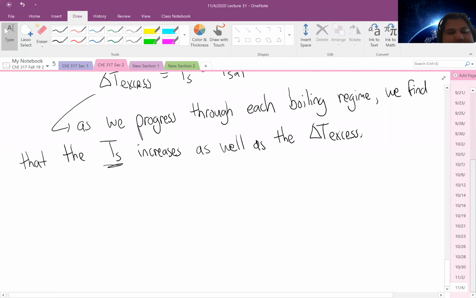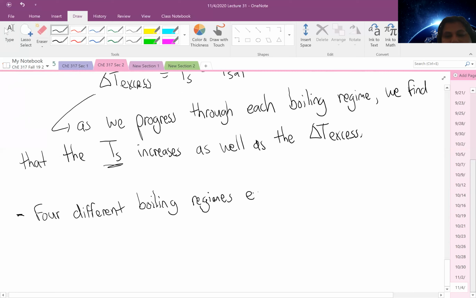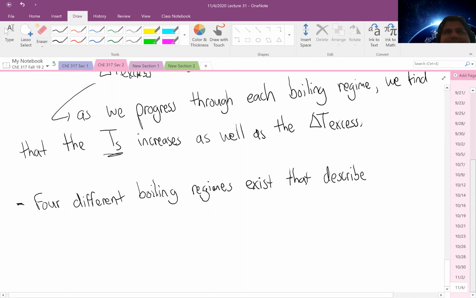What we find is that 4 different boiling regimes exist that describe a typical boiling system.